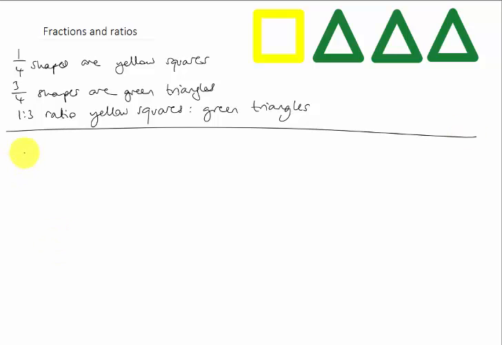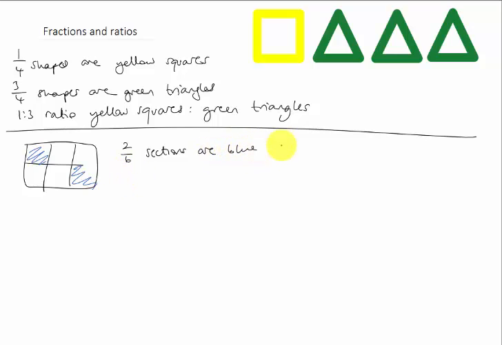So we could also say, let's imagine we've got something like that, and yes, we could say that 2 out of 6 of the sections of this rectangle are blue. We could also say that's equivalent to saying that 1/3 of the sections are blue, because we've just simplified the fraction.